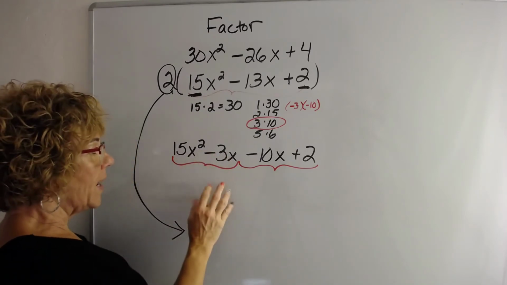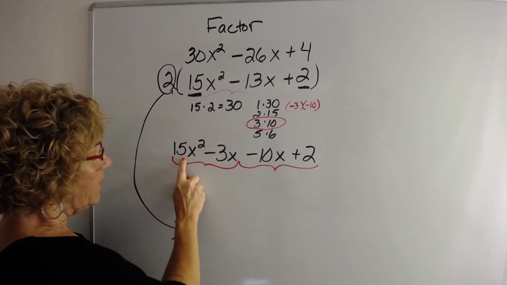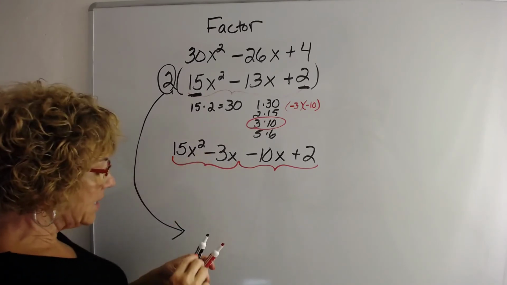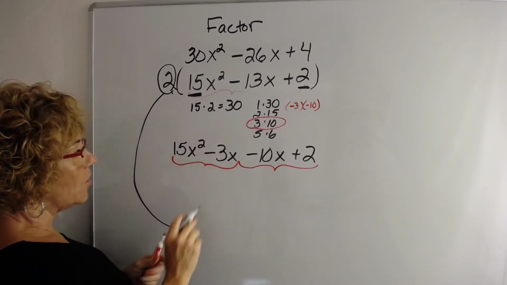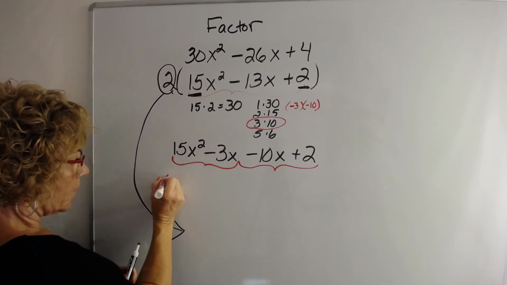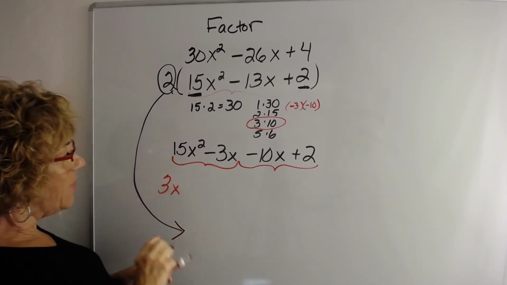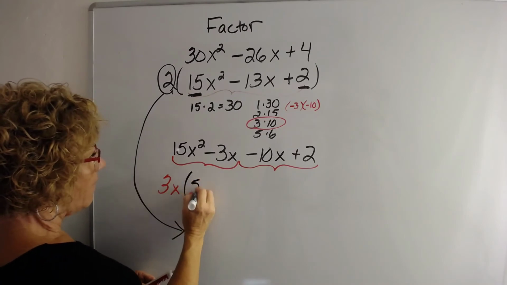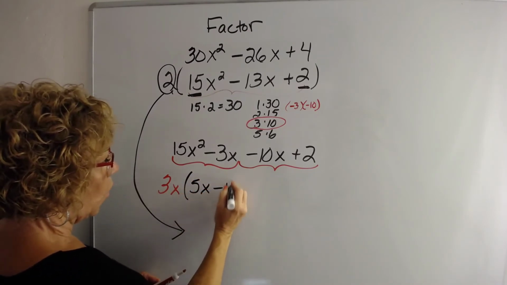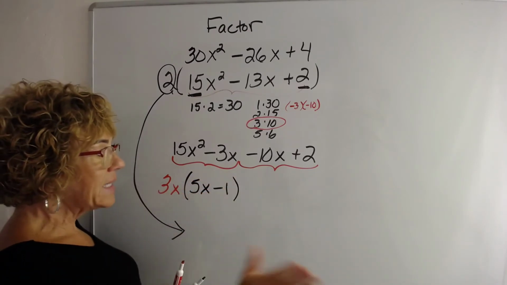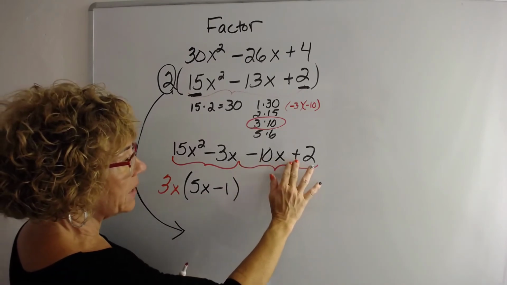We look for the greatest common factor between 15x squared minus 3x. We're going to factor out 3x, and that will leave us with 5x minus 1. Next, we have minus 10x plus 2.